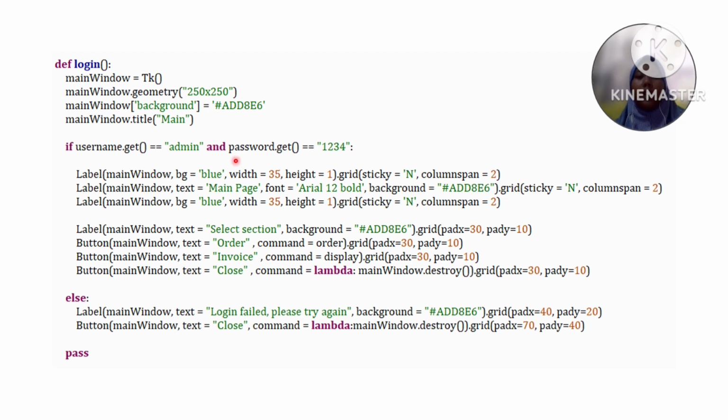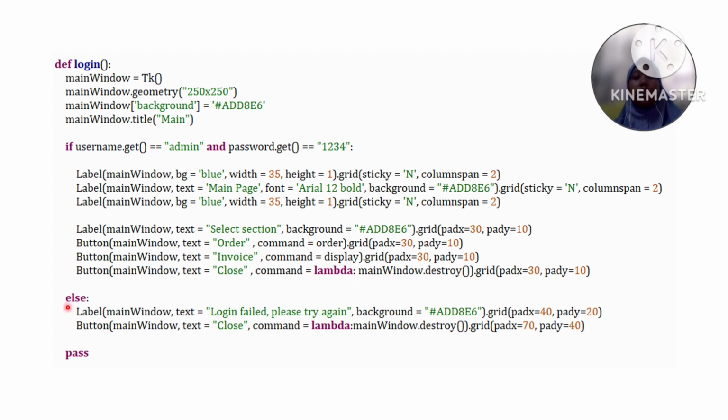If it is the same, then when the user clicks the button that has the command login, which is this function, it will pop up a new window with a label titled main page, with two labels above and below the main page that have the background blue, and then another label with order section and three buttons, that the first button has order, edit text, invoice for the second one, and close for the last one, which order button has command order, invoice has the command display, and then close has the command to destroy the main window itself.